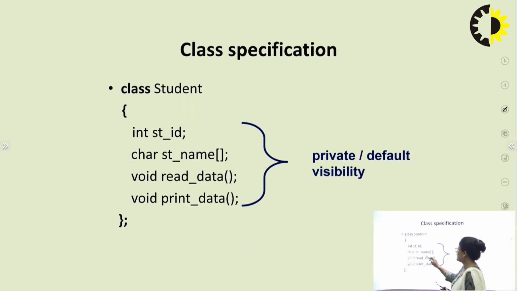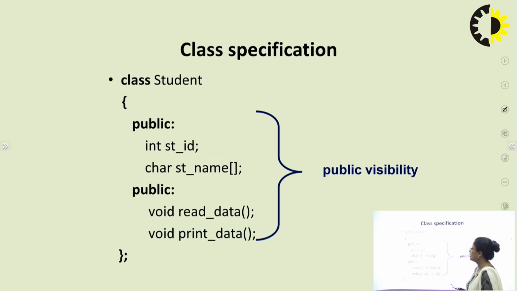So the student class has two member data, student ID and student name, and two member functions, read data and print data, and their visibility mode is private because we have not specified anything.